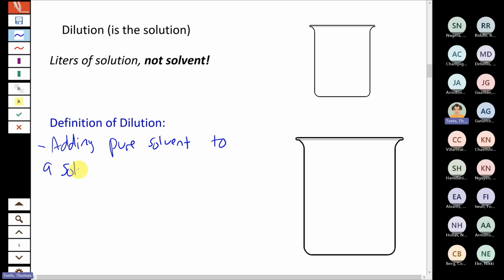I guess you could do this in either order, but basically you're mixing a solution of some concentration with its solvent, which then produces a solution of lower concentration.